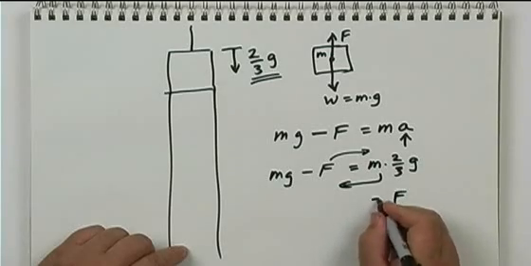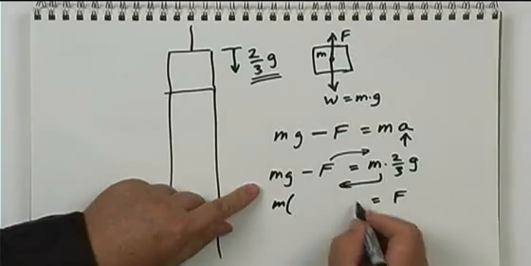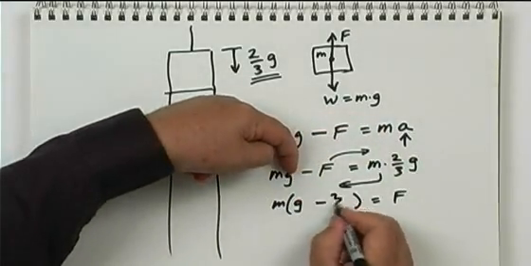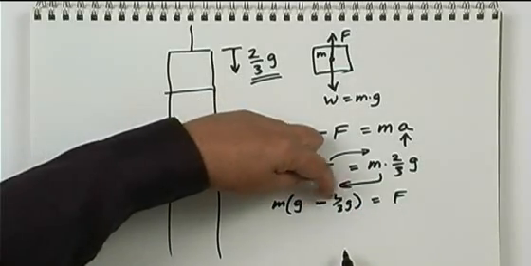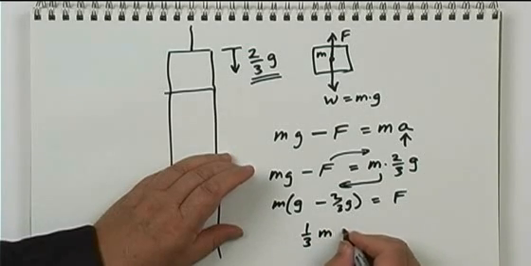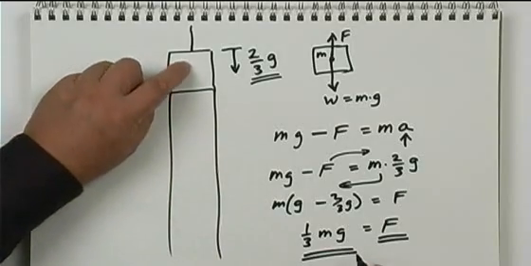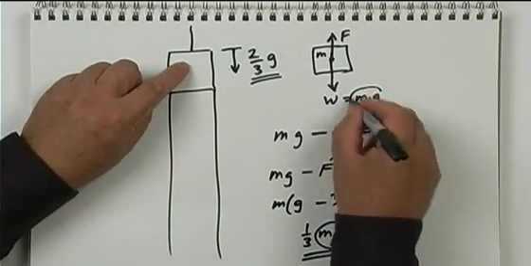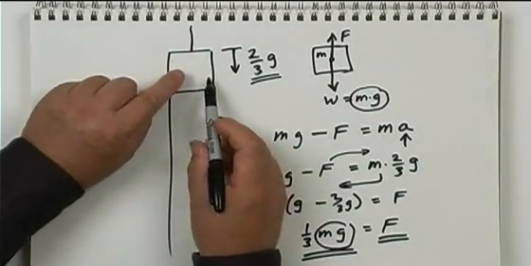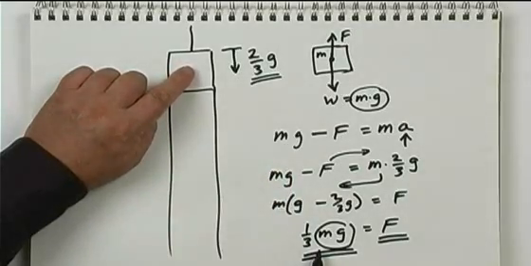I have the resistive force F is equal to m times g, minus 2/3 of g. So if I have something minus 2/3 of it, I have 1/3 of it left. So I have 1/3 of mg. So the resistive force is roughly 1/3 of the weight of this top section. So the net upward force pushing on this block is 1/3 of its weight.